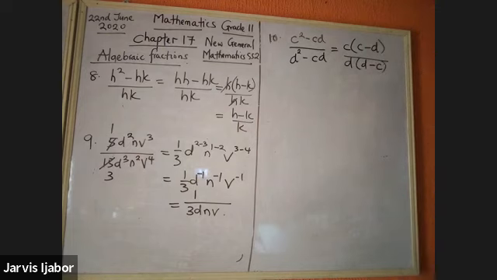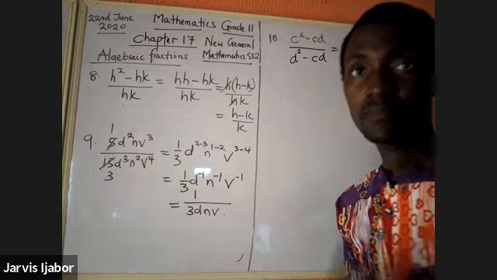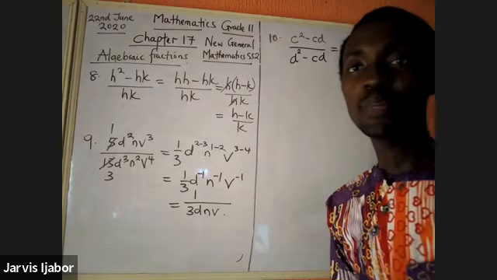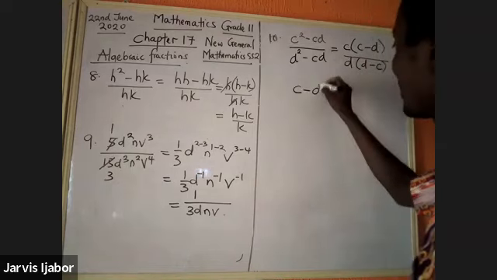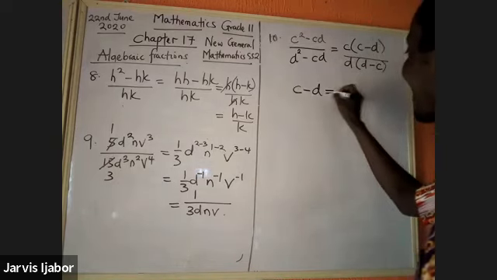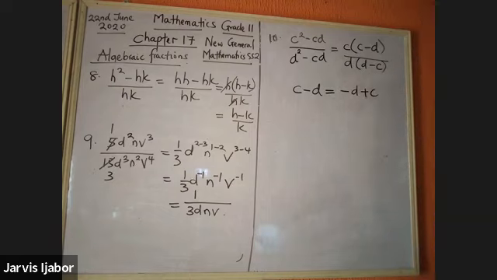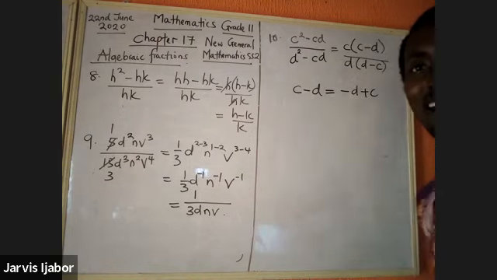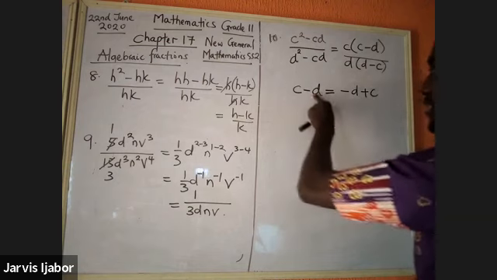This is where another idea is coming in. Now, please watch this. If I have c minus d, I can write that as minus d plus c. I hope nobody has an issue with that. All I've done is to rearrange.